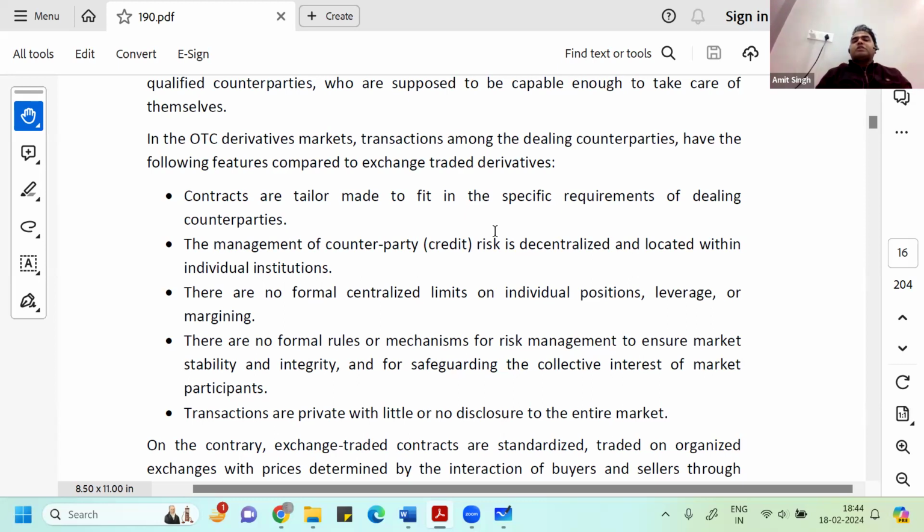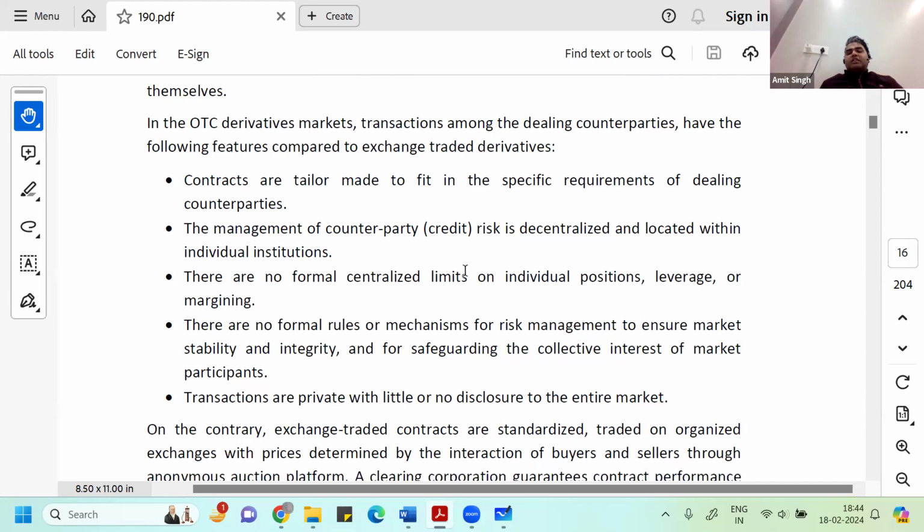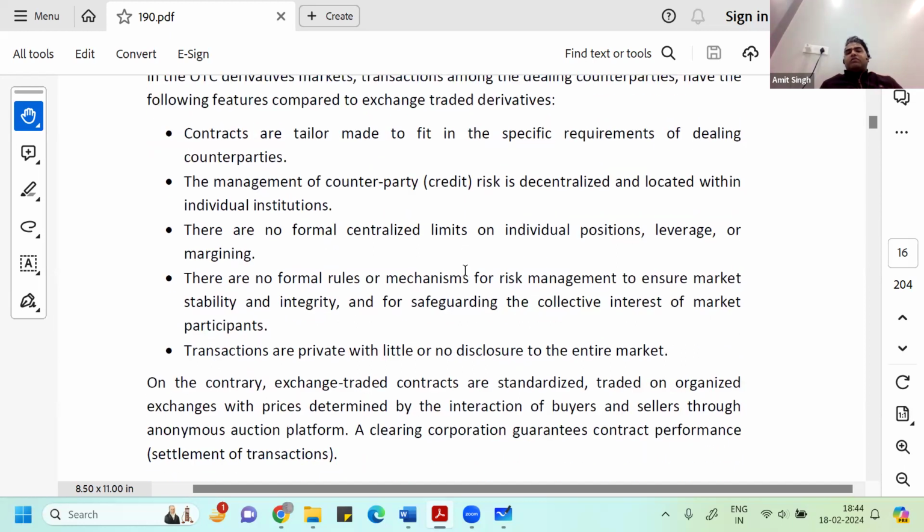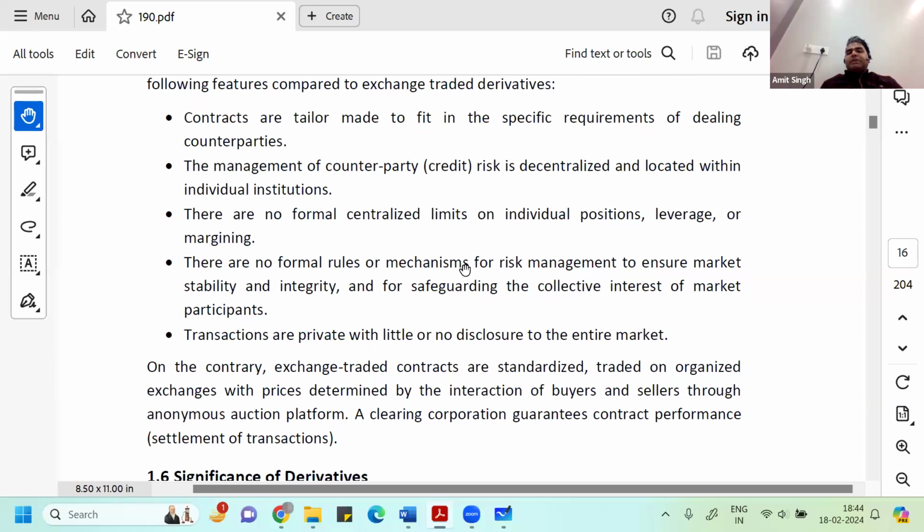There might be a possibility of credit default or counterparty risk, which is mutually agreed upon. If any such risk happens, they know the risk and reward when they get involved in an OTC-based transaction.